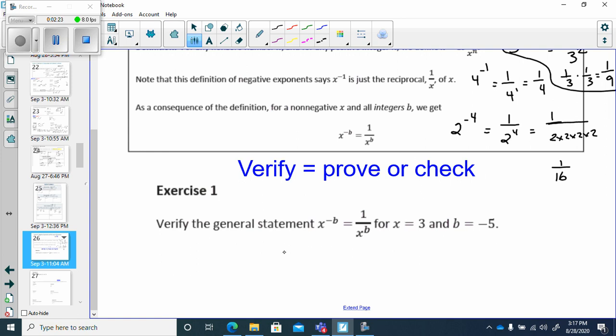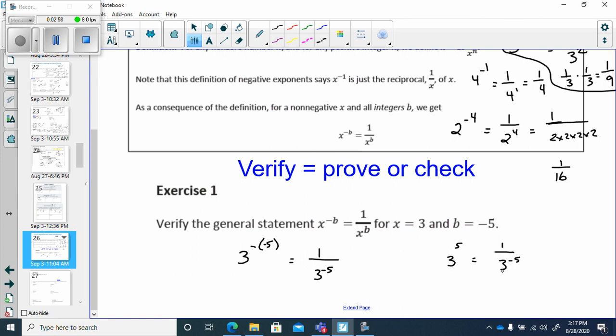If x is 3, that means 3 to the negative, and b is negative 5, opposite of negative 5, equals 1 over, our x is 3, our b is negative 5, okay? In this case, opposite of a negative is a positive. That is 3 to the 5th would be equal to 1 over 3 to the negative 5th.